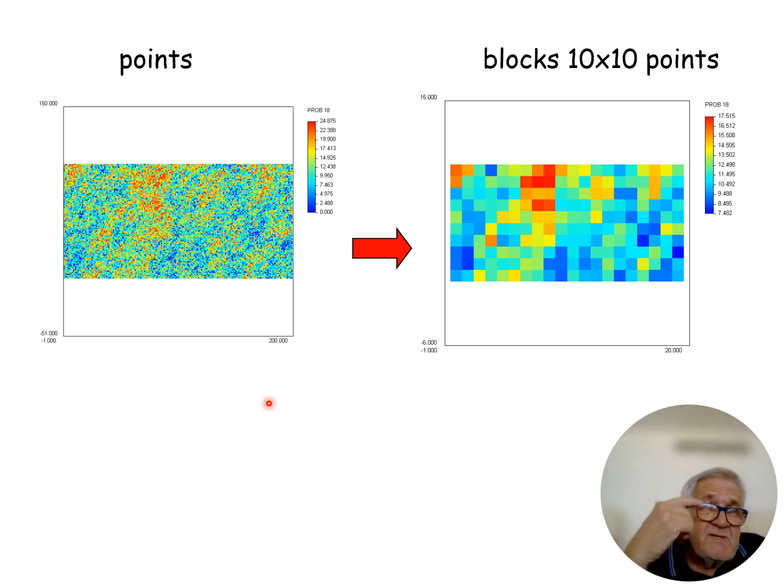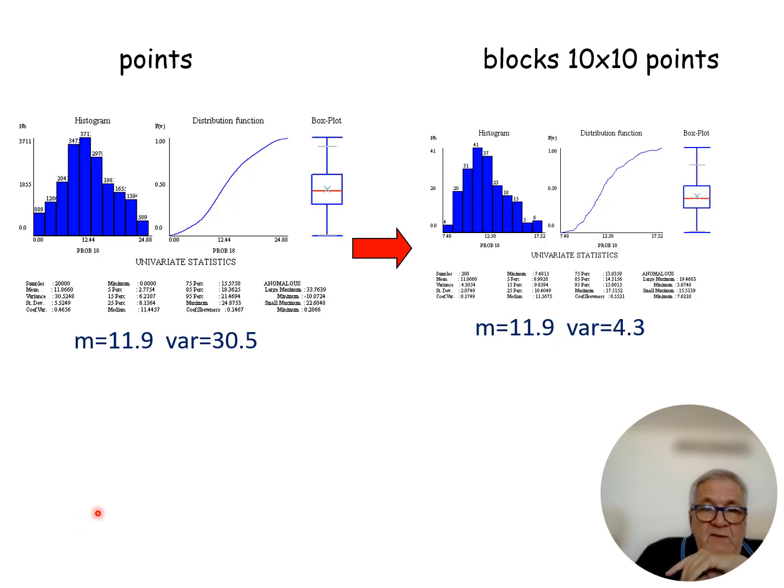As you can imagine, in this situation, the probability of mixing high and low values in the same blocks is higher than in the previous scenario. So let's see the statistics. For the points we have already seen: 11.9, variance 30.5. But in the blocks, the average is the same because we are talking about the same region.